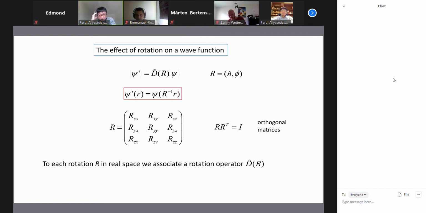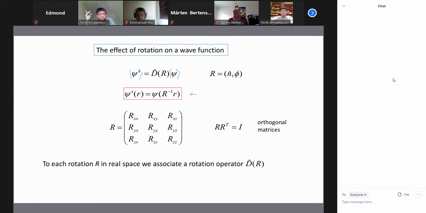So if we look at the effect of rotation on the wave function, you can see here we have a state psi, and we rotate it. Then if we look at the projection of this rotated state in position representation, it is just the same as the original wave function, but with the coordinate rotated.